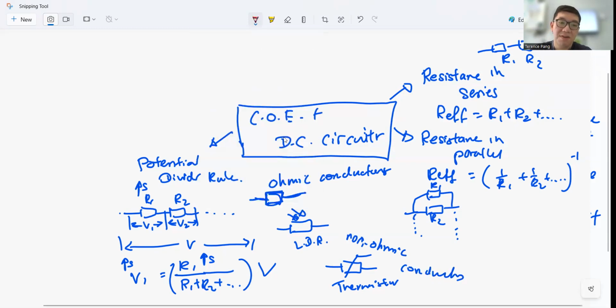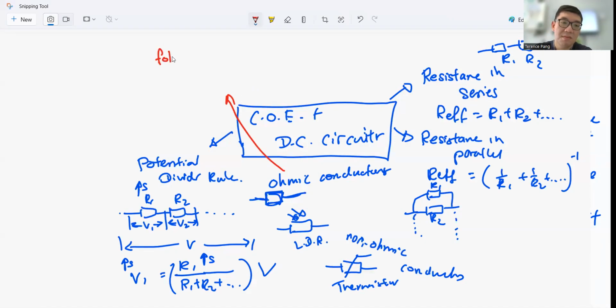An ohmic conductor obeys, as the name says, Ohm's law. So what is Ohm's law?